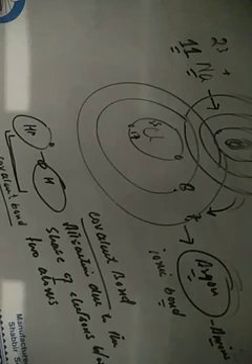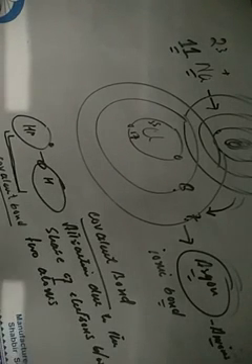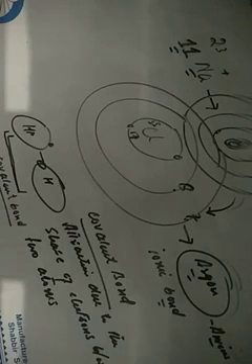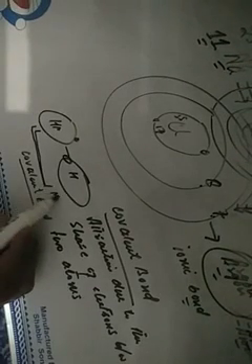So an ionic bond forms between metals and non-metals, and covalent bonds form due to mutual sharing of electrons between two non-metals, as in the case of the hydrogen molecule.